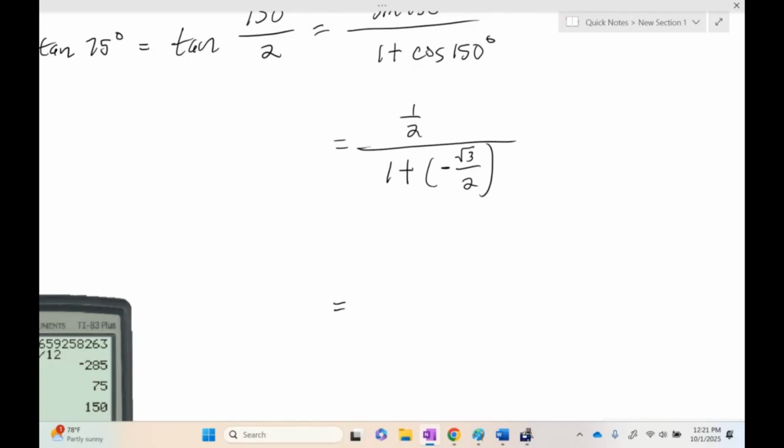Multiply by that special form of 1 again. So what's our least common denominator? Should be 2, right? So we're going to multiply, I'll put another step in. We're going to multiply the top and the bottom by 2.